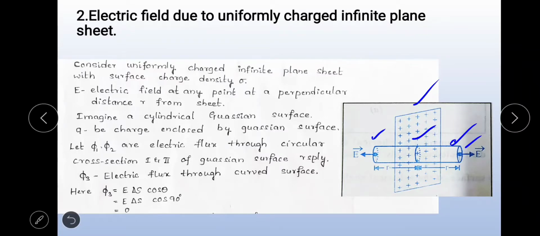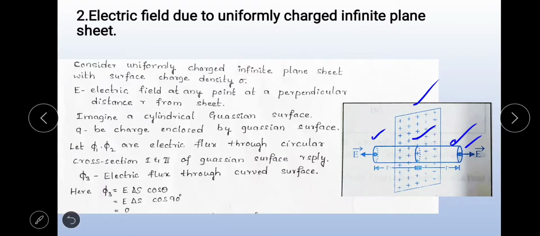Let phi 1, phi 2 be the electric flux through circular cross sections 1 and 2 of the Gaussian surface respectively. Phi 3 is the electric flux through the curved surface. Now phi 3 equal to E delta S cos theta equal to E delta S cos 90 degree, because you are considering the curved Gaussian surface.